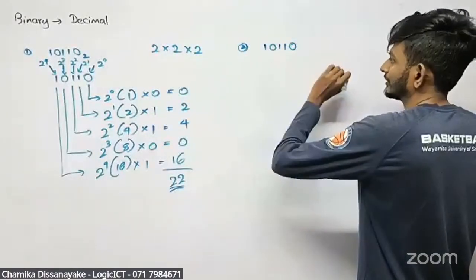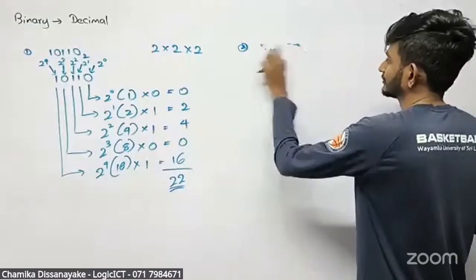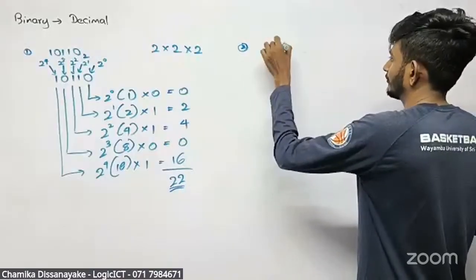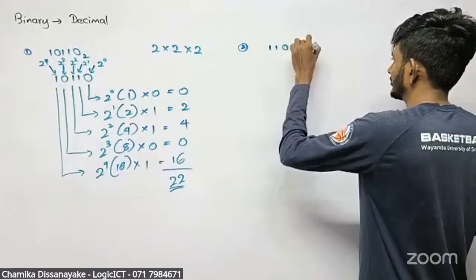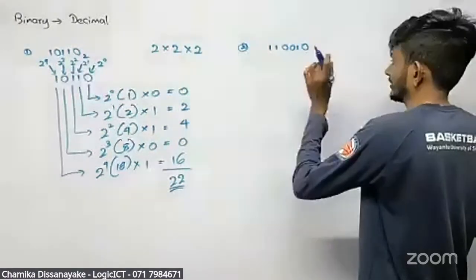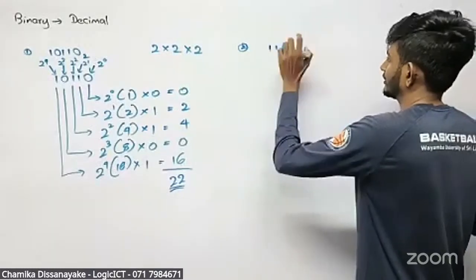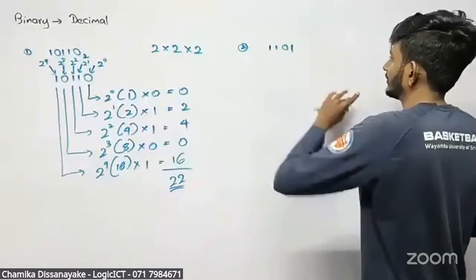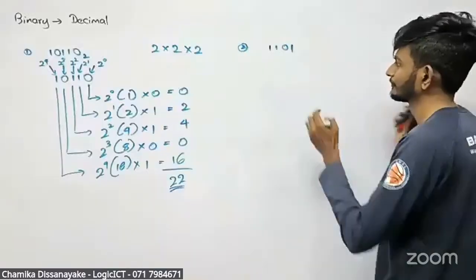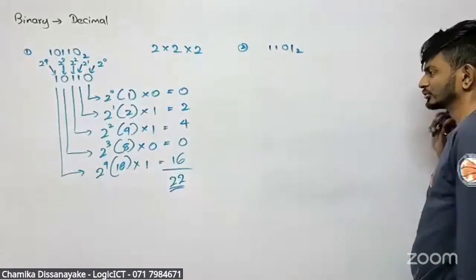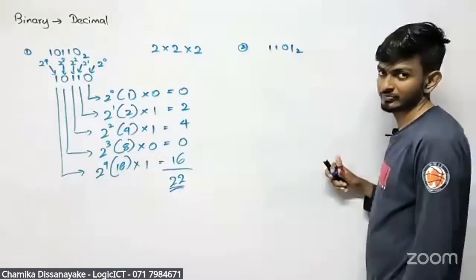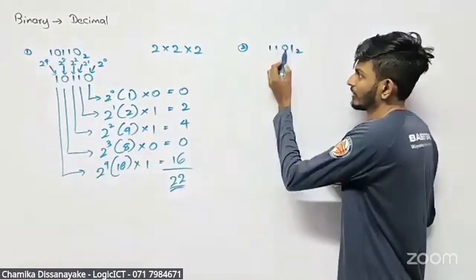Let's take 1101. You know the weighting factors: 0, 1, 2, 3.